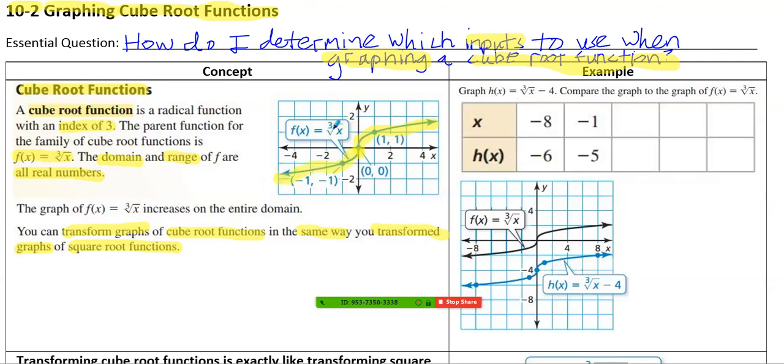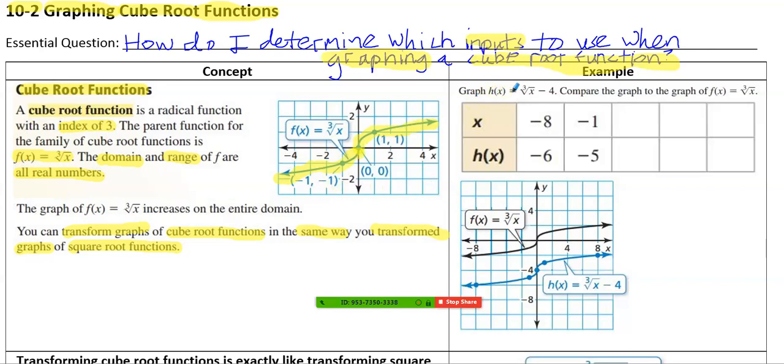Because you can take cube roots of negative numbers. So it's basically this same graph reflected going in the opposite direction, a double reflection, as you move to the left. It's described as a cube root function graph, or an S shape, however you want to describe it, but I'm probably just going to use cube root function graph.